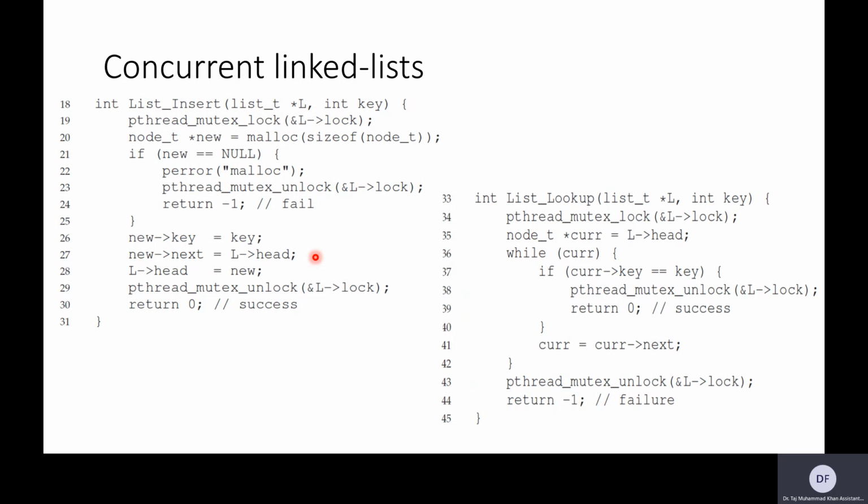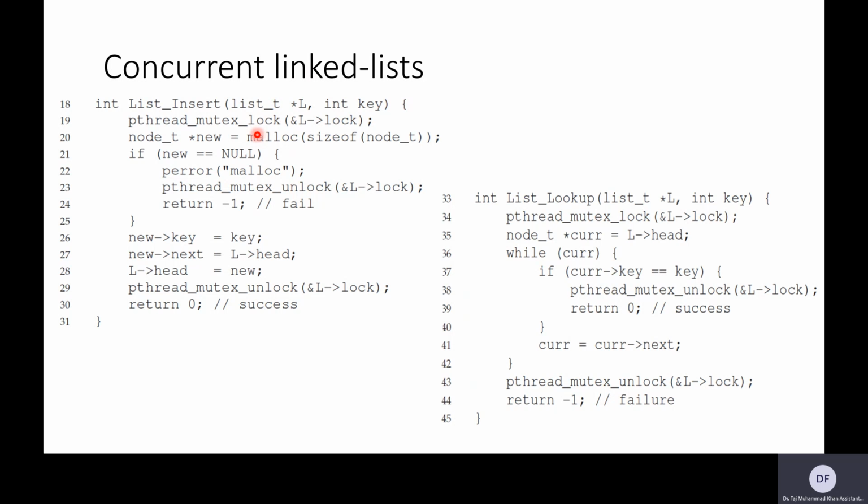All other threads that want to modify or access the linked list at the same time would block, because they also have to go through this protocol. So when one thread is in its critical section and is accessing the list, no other thread will be able to acquire the lock and access the critical section and modify the list.